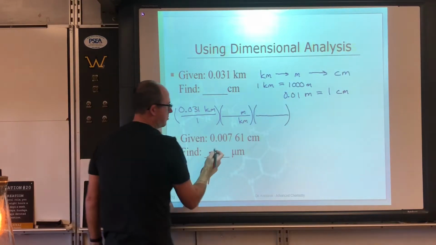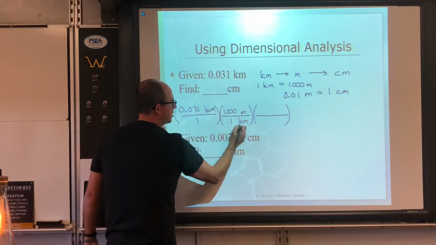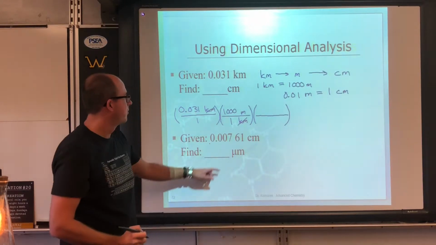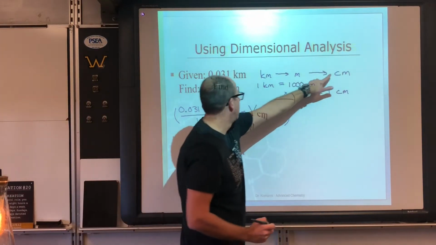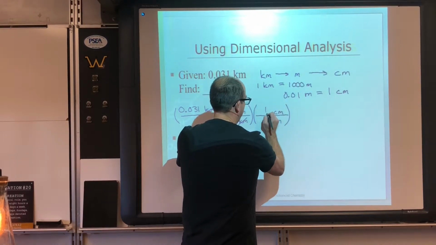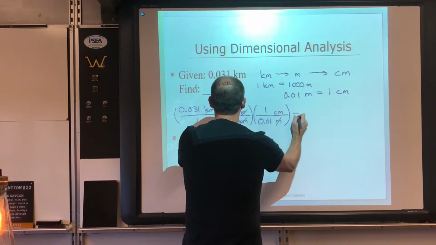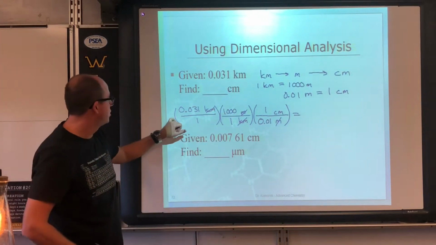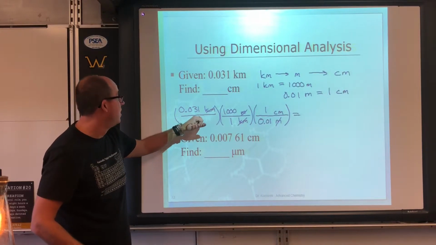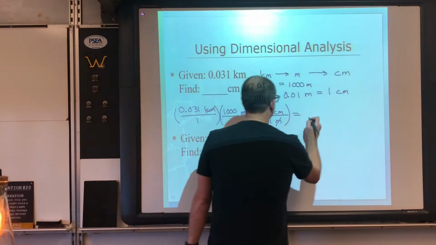Check to make sure your numbers end up in the right places. 1 kilometer, 1,000 meters. Kilometers cancels. Getting rid of meters and going to centimeters. Meter on the bottom, centimeters up top. 1 centimeter is 100th of a meter. Meters cancel. When we do the calculation, we end up with 31 meters or 310 centimeters.